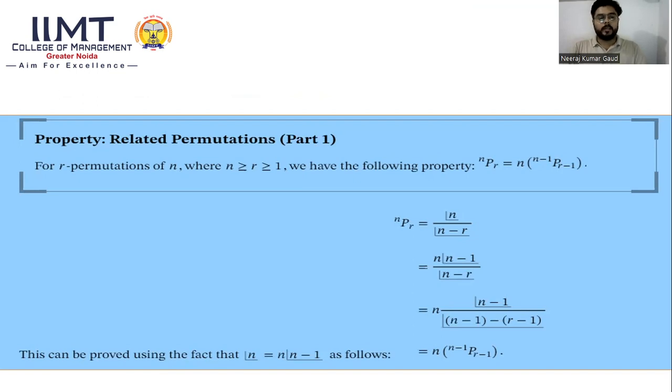By taking (n−1) factorial upon (n−1−(r−1)) factorial, in the denominator we add 1 and subtract 1. So this can be proved using the fact that n factorial is n × (n−1) factorial, as follows: (n−1)P(r−1).